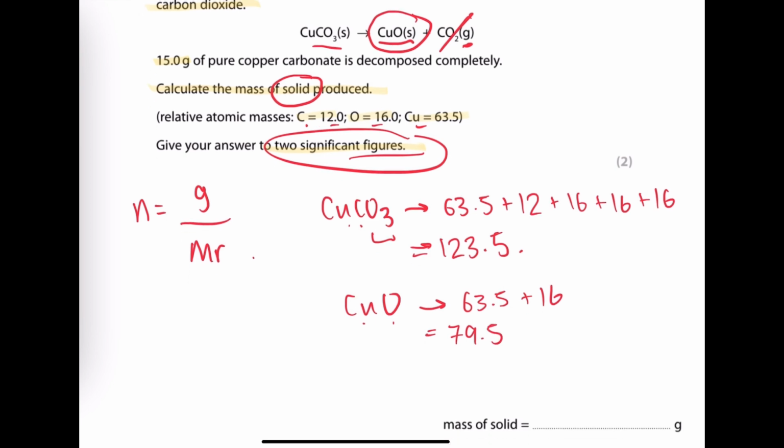So what we need to do is find the mass of copper oxide. We do 15 times 79.5, divided by 123.5, and it's 9.7.